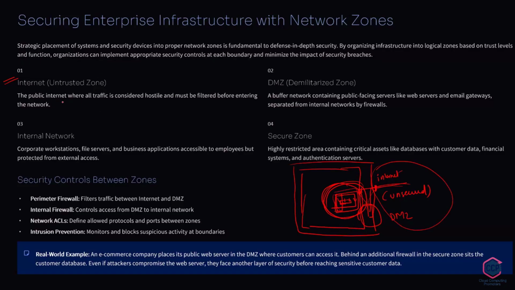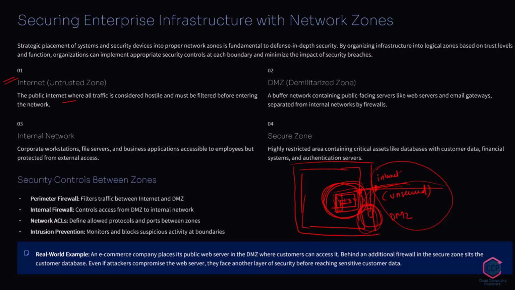So the public internet, where everything will be going out, where we don't have any trust over any network or any website. Okay, this is the untrusted zone. DMZ, as I mentioned, is an internal server hosted by the organization for external people. The traffic should flow from that firewall to this zone. Okay, the internal network within an organization, they do have file servers here, they do have applications for employees.